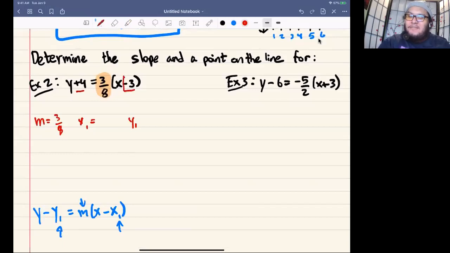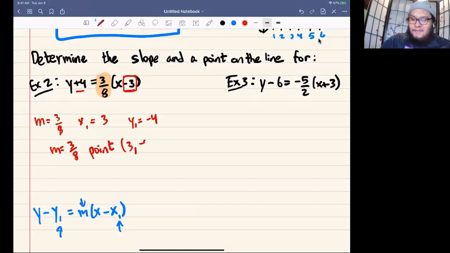You see how this is -3 for our x value? It's gonna be the opposite of -3. What's the opposite of -3? +3. So our x1 is gonna be 3. And right here we have +4. What's the opposite of +4? -4. So our y1 is actually going to be -4. So our slope is 3/8, and our point here is (3, -4).